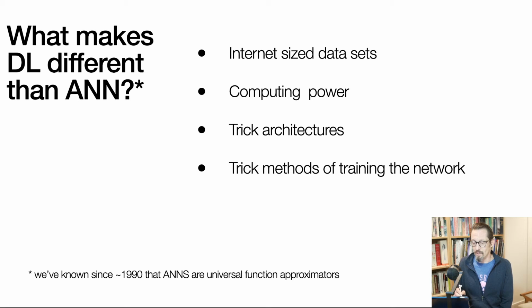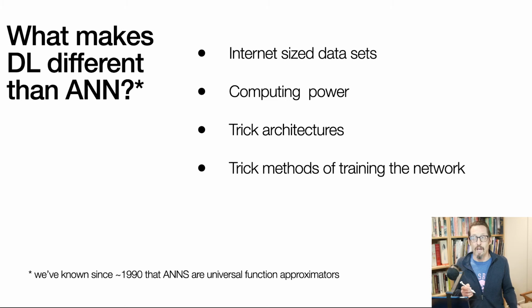So, like I said, since 1990, we've known that artificial neural networks, like a multi-layer perceptron with just a single hidden layer in the middle, are universal function approximators. So they can solve any old task you want.